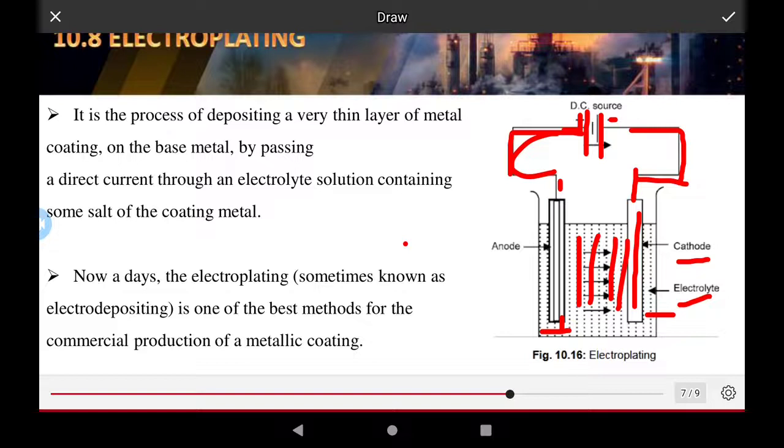Then heat is provided to the metals, and charge is generated. The positive charge and negative charge both move from one side to the other side.